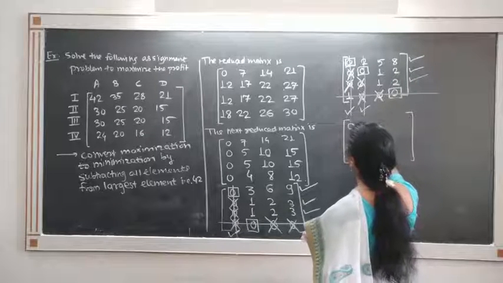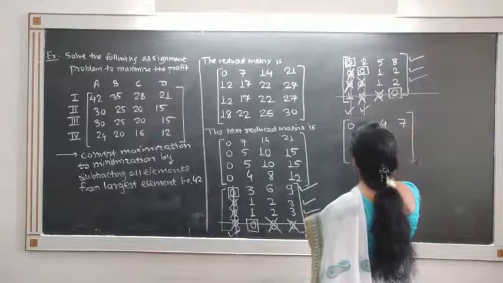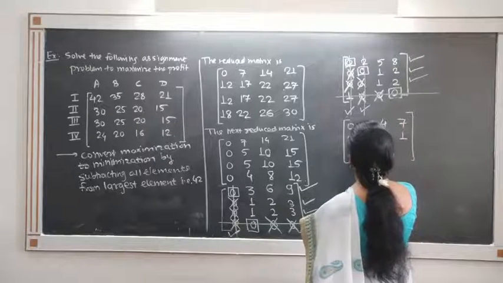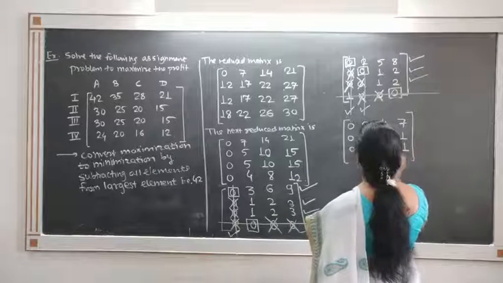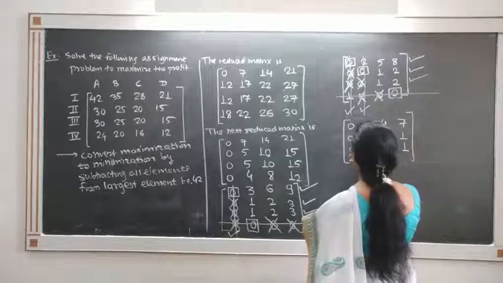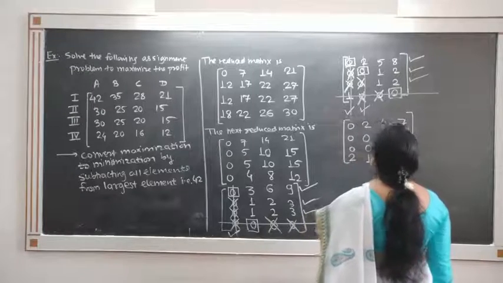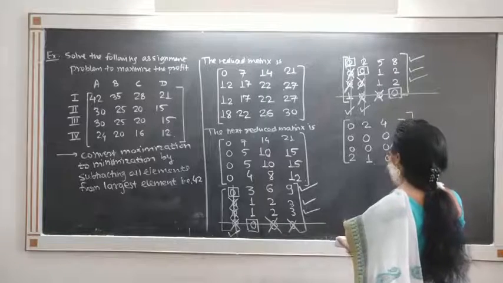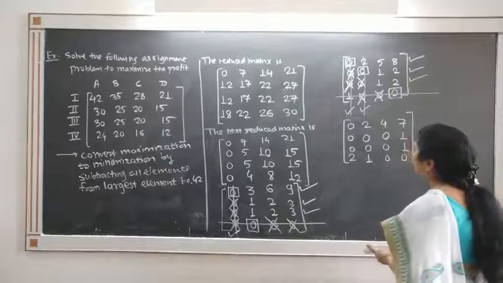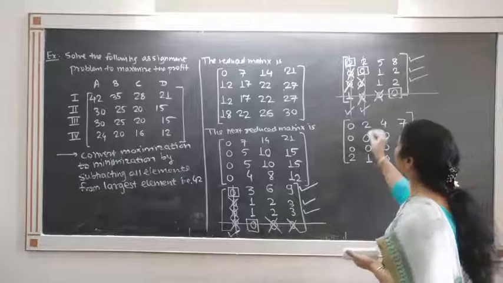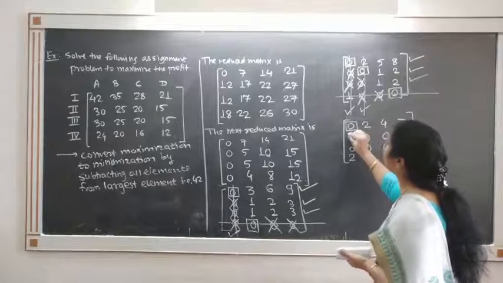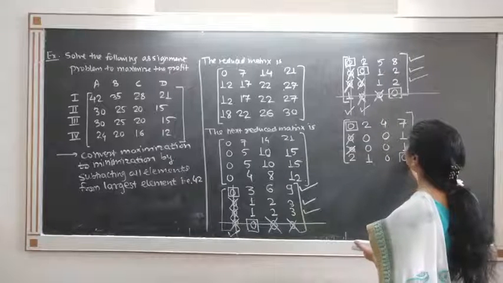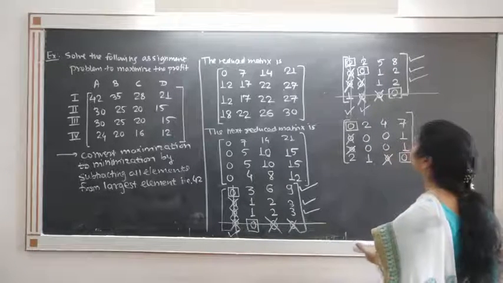The next reduced matrix: 4, 7, 0, 0, 0, 1, 0, 0, 0, 1, 2, 0 plus 1, that is 1, 0 and 0. This is the next matrix. Now again search for a single zero. In the first row, box it, strike off the others. Next, single zero in the fourth column, box it, strike off the others.